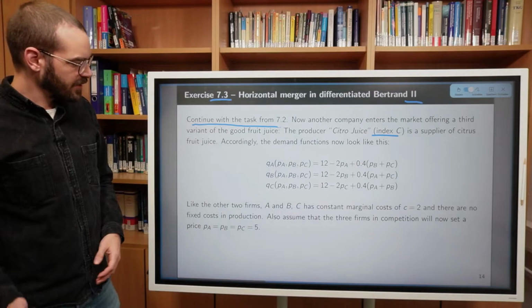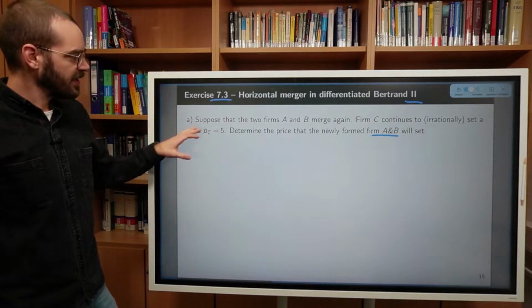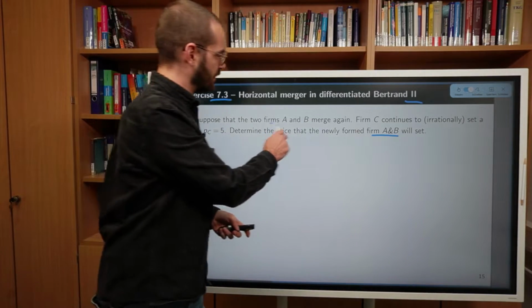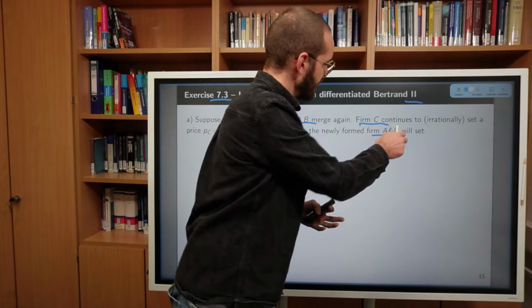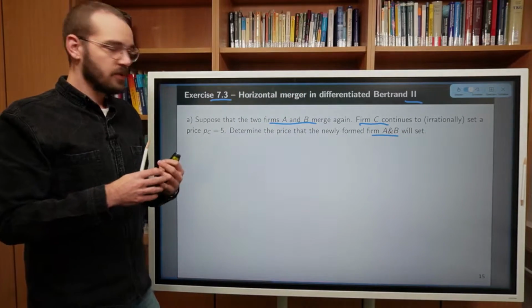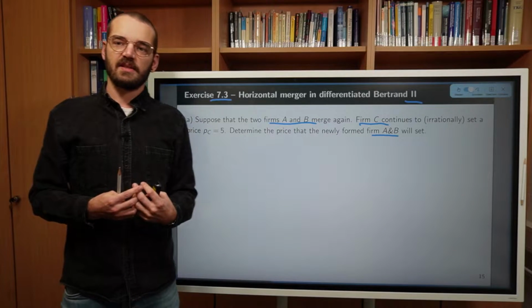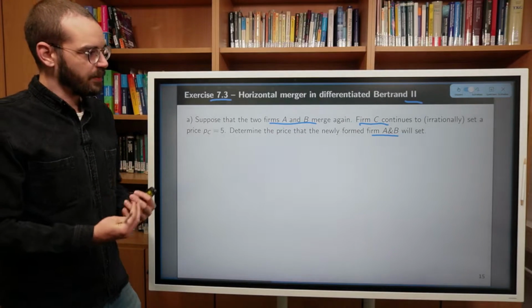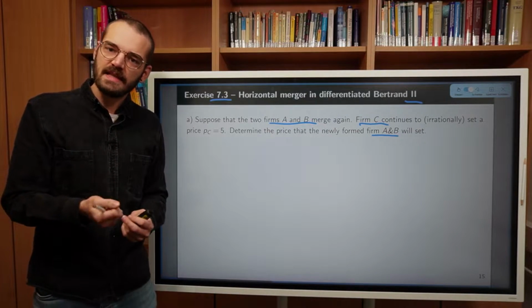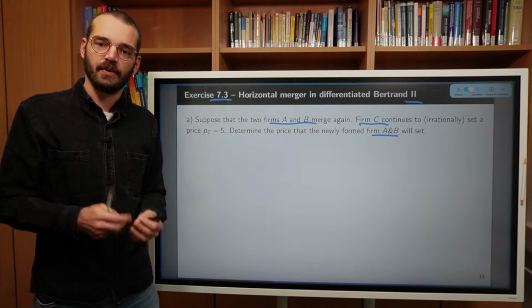We want to continue from this point by considering a situation in which two firms, firm A and firm B, merge, but firm C continues to compete with these firms. In this first step, we want to restrict the behavior of C to make it a little bit easier and to provide a comparison point.